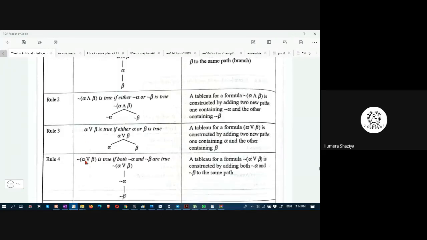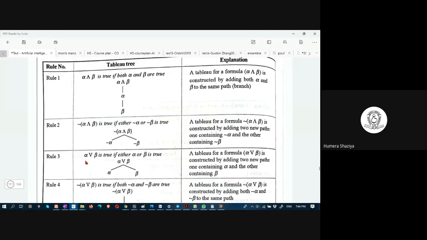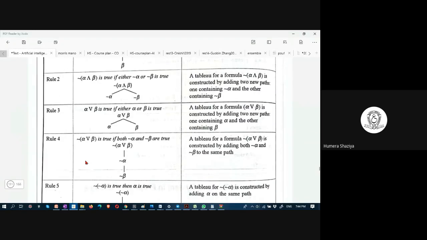Rule number 2: not (alpha and beta) is true if either not alpha or not beta is true. Therefore, here you see there are two different paths. Here they are the same because both must be true. Here, if any one is true, it is true, and that is clearly shown by two branches.